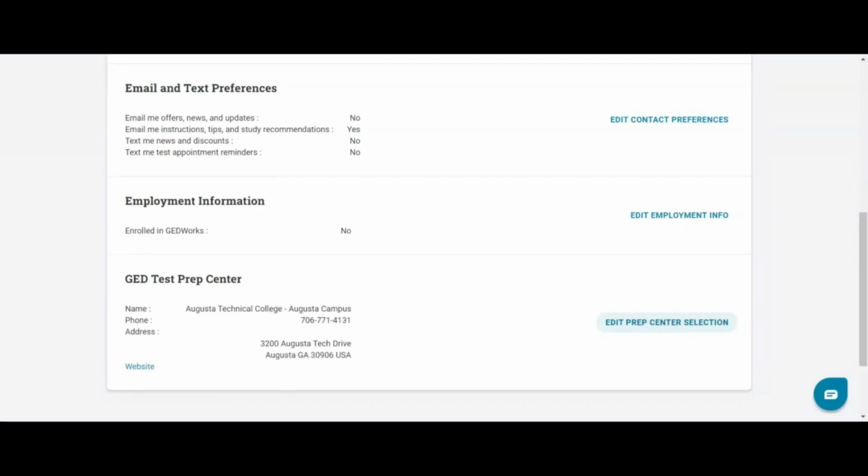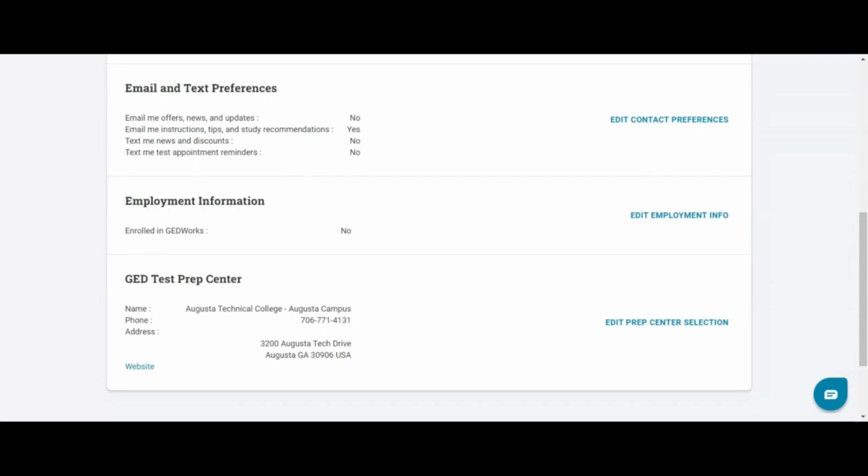I'm not going to do it because then it'll mess mine up and I'll have to reset it. But you click on that, and then I think it usually can tell where you're at if your location is turned on. And so it may pop up and say, you're close to here. But it has to say Augusta Technical College, Augusta campus, the 3200 Augusta Tech Drive.